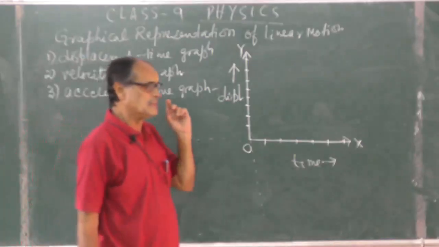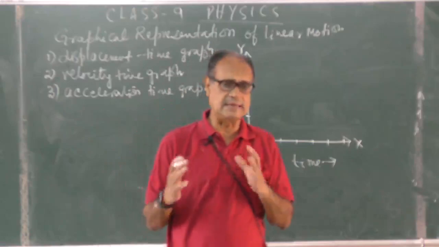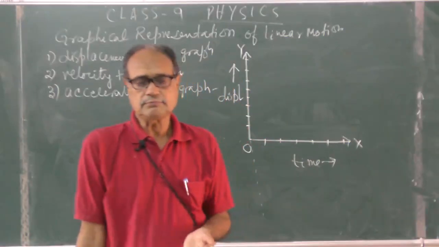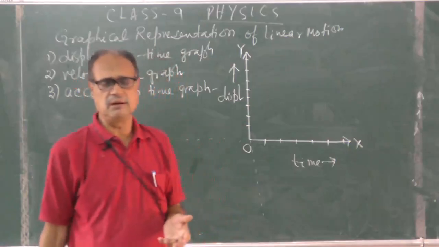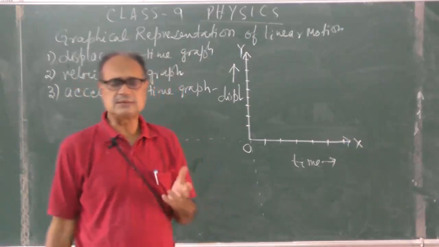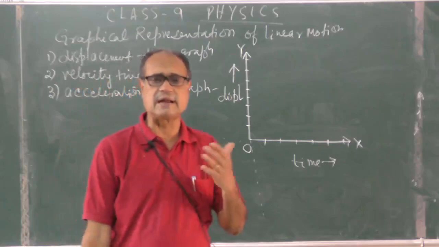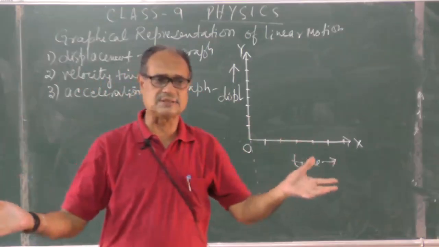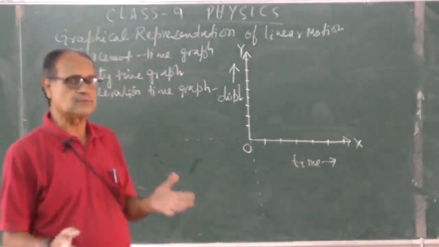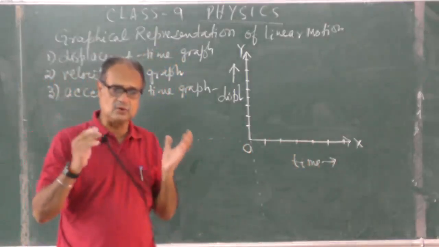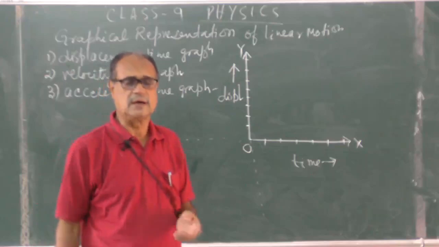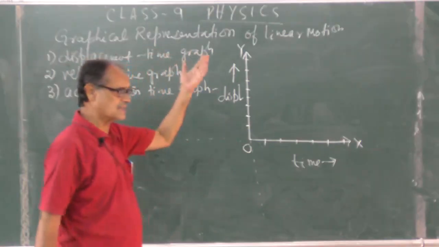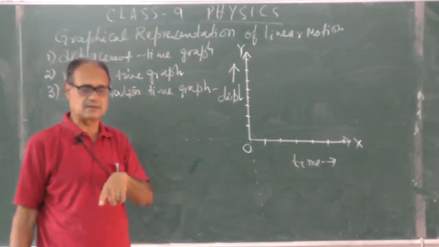Now, displacement and distance will be taken the same here in the graph, because it is one-dimensional. That means it only has a straight line motion. In a straight line motion, there is no change in direction. That's why there is no difference here between scalar and vector quantities, as distance is a scalar quantity and displacement is a vector quantity.